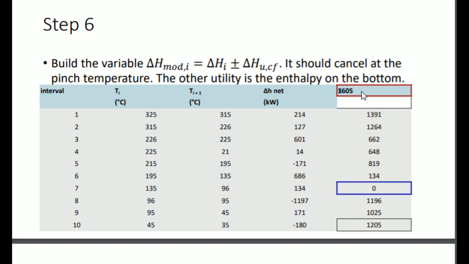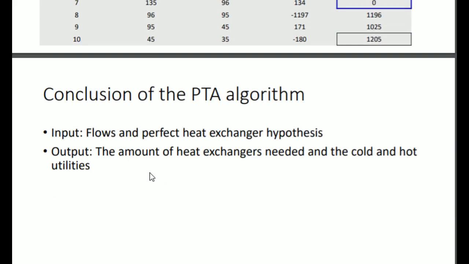We have found the hot utilities, the cold utilities, and the minimum amount of heat exchangers, under the hypothesis of optimum. It is 10, because we have 10 intervals.